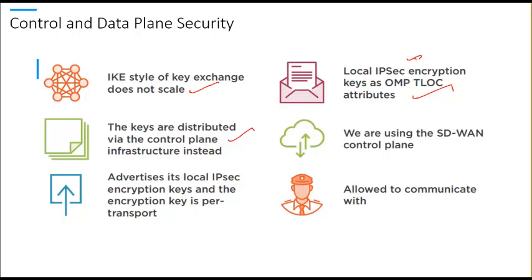Now we are using the SD-WAN control plane so that AES keys for all the WAN edge routers are distributed across the network, which is the scalable way. So we are using the SD-WAN control plane to distribute the AES key, which is periodically generated.